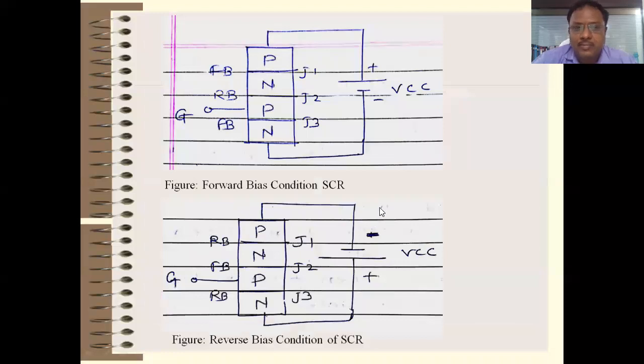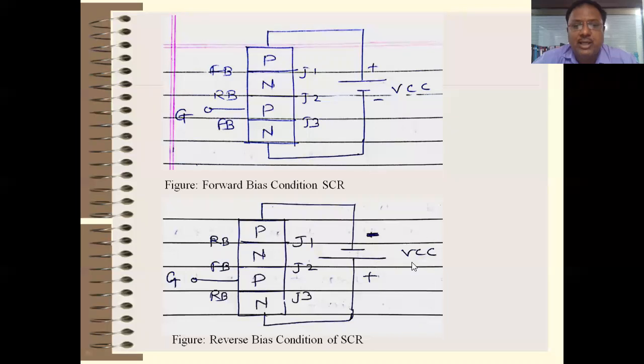Now the working of SCR that we have seen in the last lecture. If you are connecting VCC between anode and cathode, and the gate is open, at that time junctions J1 and J3 become forward biased, and junction J2 is reverse biased, right?